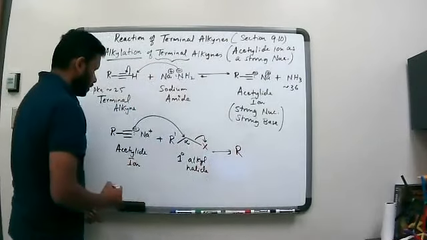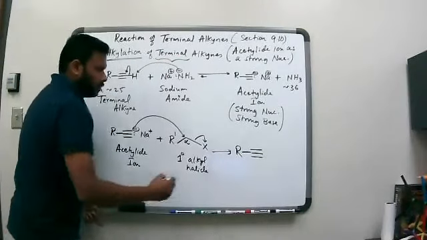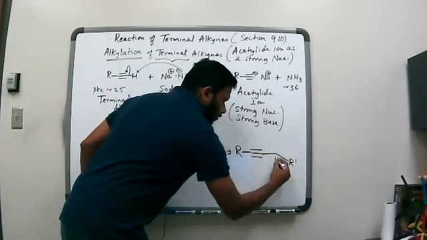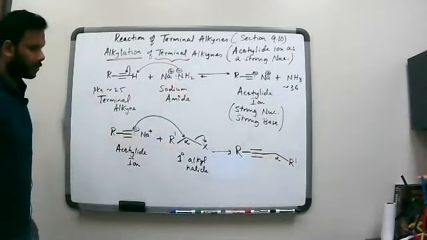And what we're going to get is that plus R prime, where that's our alpha carbon. That's where the attack happened.